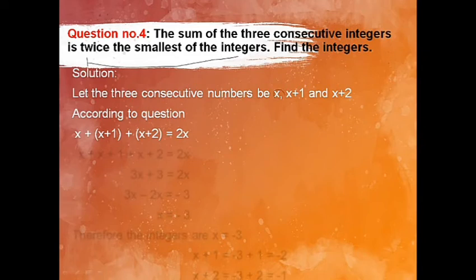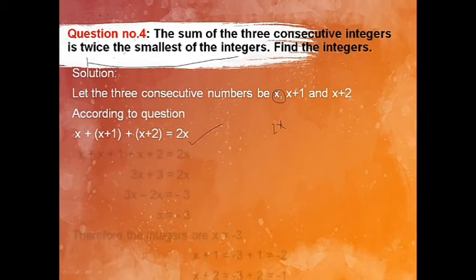The smallest integer is x, and twice of x means 2x. That's why we have taken it as 2x.